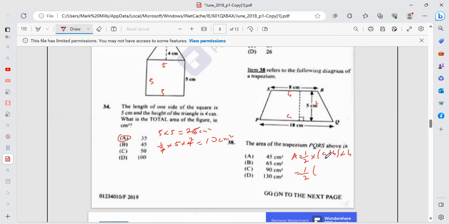So A would be 18 plus 8, times the height, which is 5. So we get half times 26 times 5. 2 goes into 26 thirteen times. So 13 times 5 gives me 65 centimeters squared. So the answer would be B.